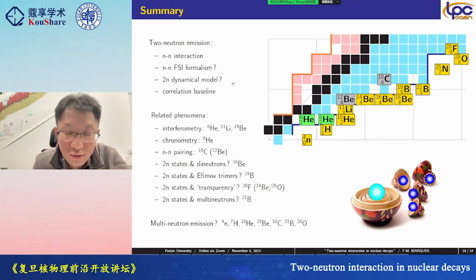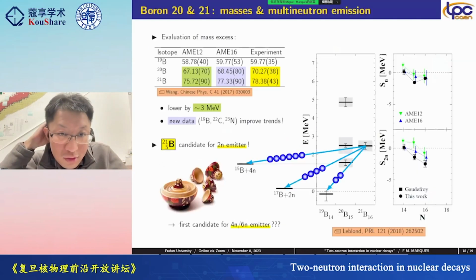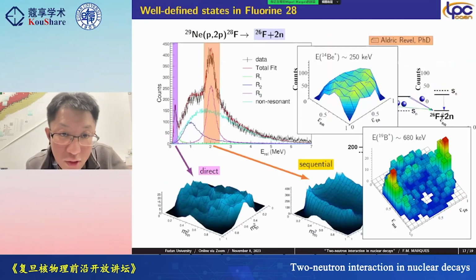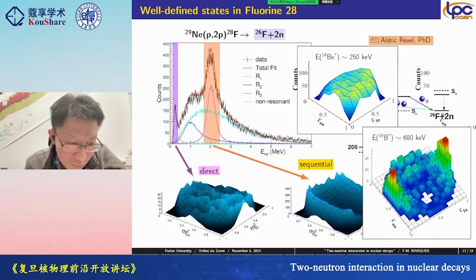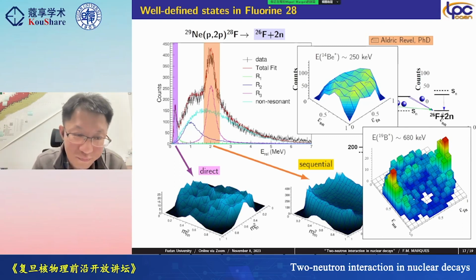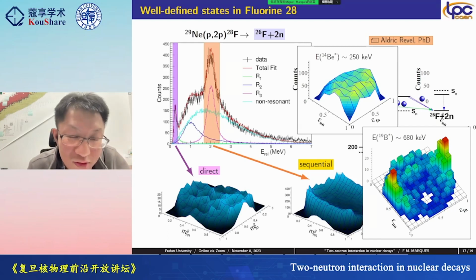And I think in the beryllium-14 case the 2+ state is, in my understanding, kind of different from this oxygen-26 because it also has angular momentum. So in theoretical calculations, usually we think that those angular correlations will go against those flat distributions. So do you have some comments on this?